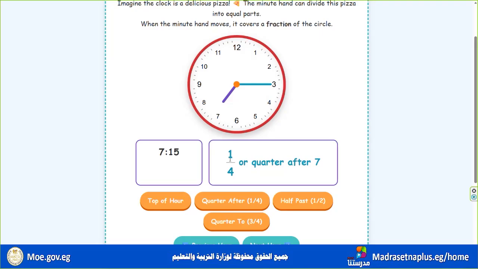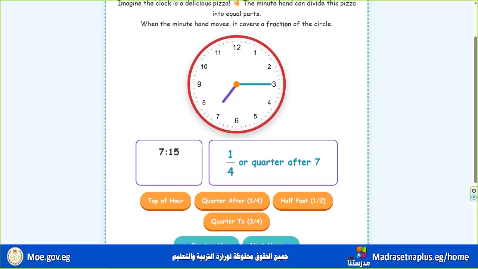This number is fourth or quarter. If you have an American accent, you can say quarter. It's up to you. Sometimes fourth is acceptable. Don't worry. Now the time in front of you is 7:15, or quarter past 7, or fourth after 7.